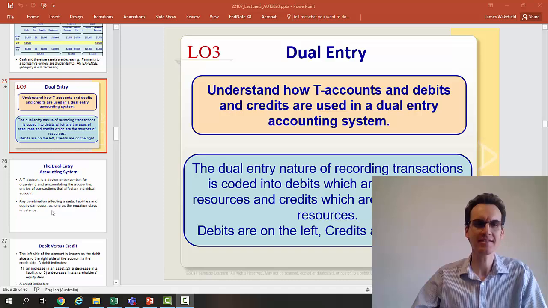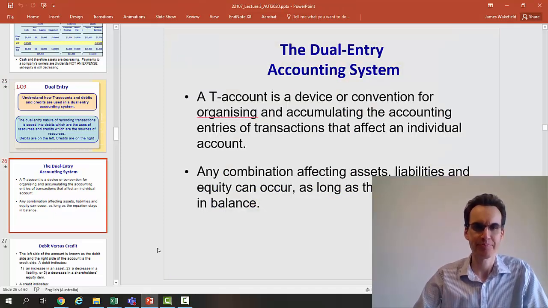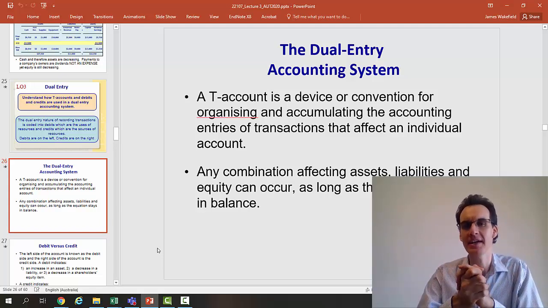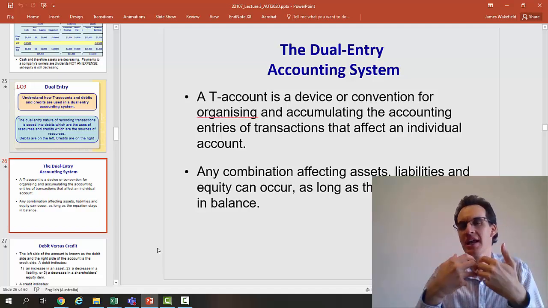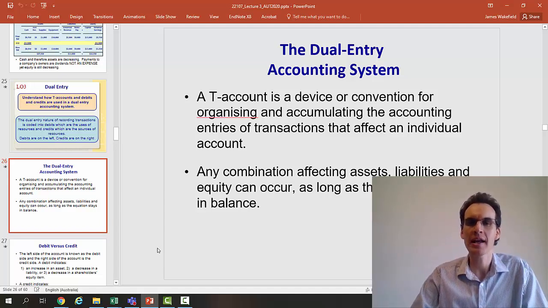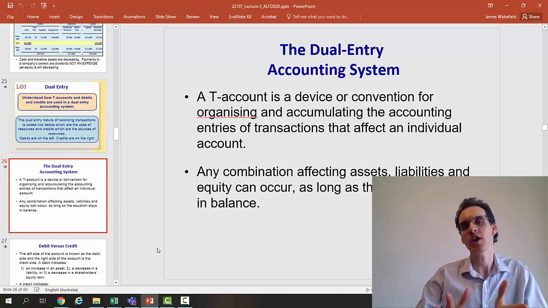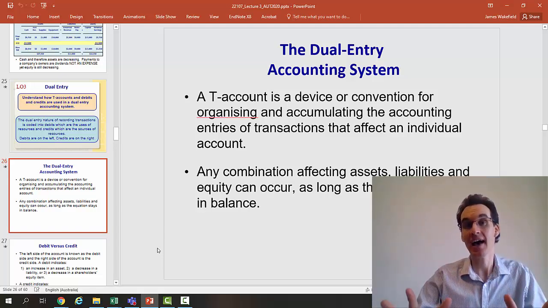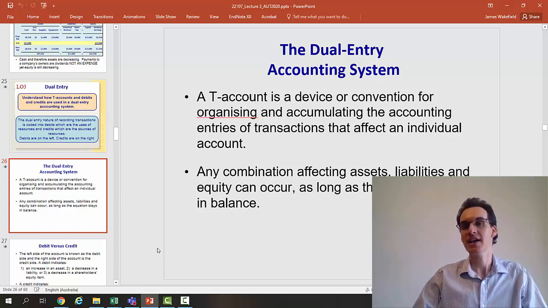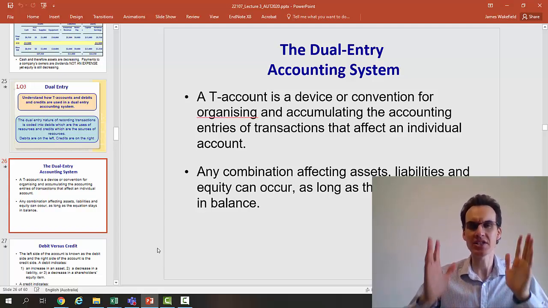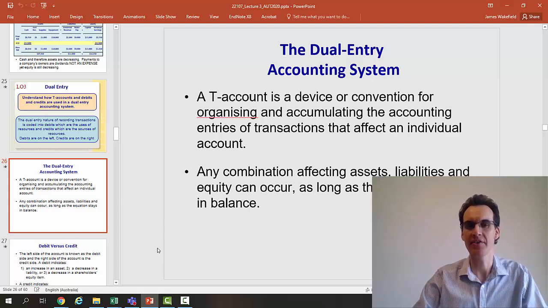So let's start with this slide and have a look at a T account. Basically, a T account is a convention and a device to accumulate information about transactions that are affecting each individual account. For every single account, we have a T account, and every single transaction that affects that T account is recorded in that T account, right?